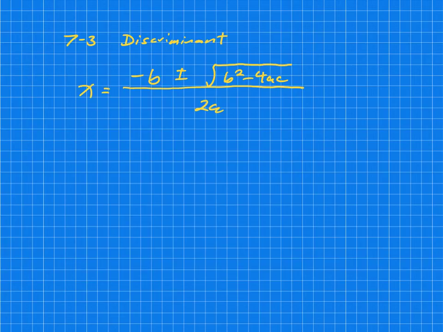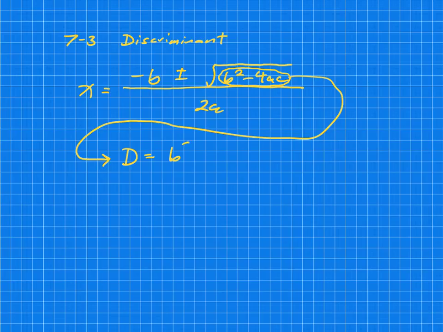So if this is the quadratic formula, if I can extract this little part that goes inside the radical and pull it out and call it the discriminant, we'll know by capital D, this number tells us what types of answers or roots we should expect in a quadratic.